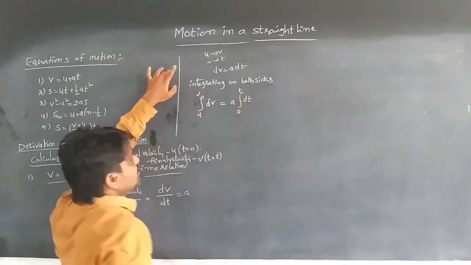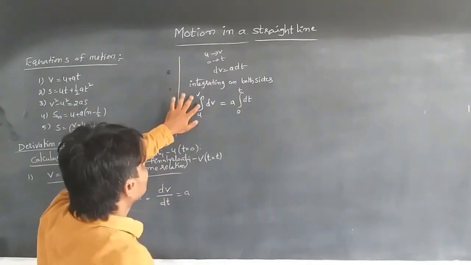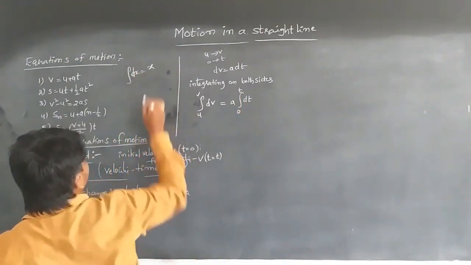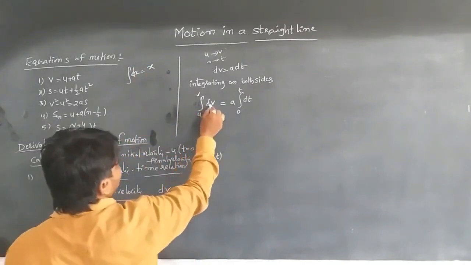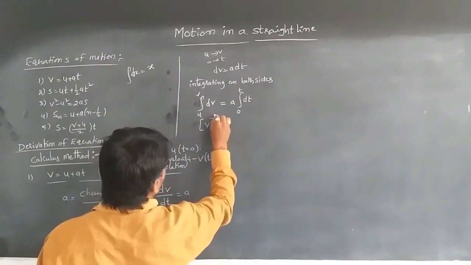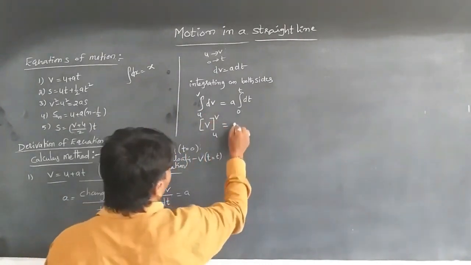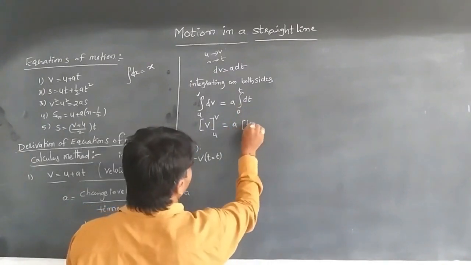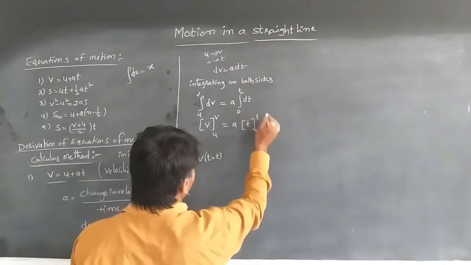Whenever we integrate dx we get x. Here the integral of dv is v between the limits u to v, which is equal to a times the integral of dt, that is t between the limits 0 to t.